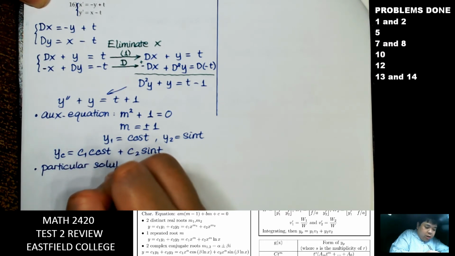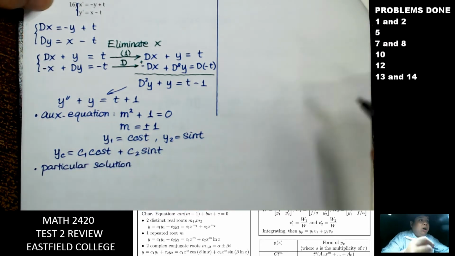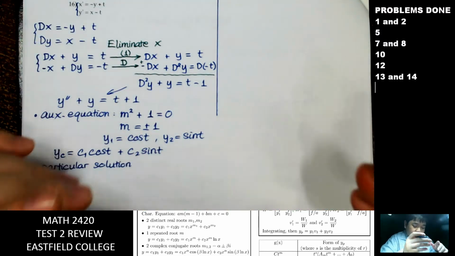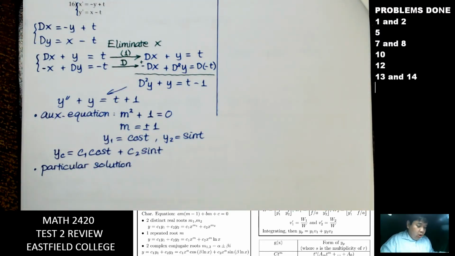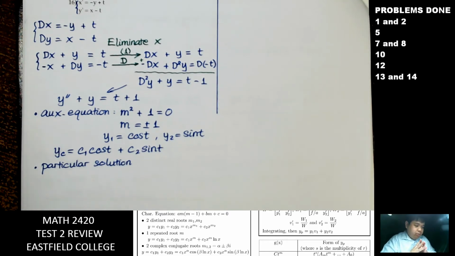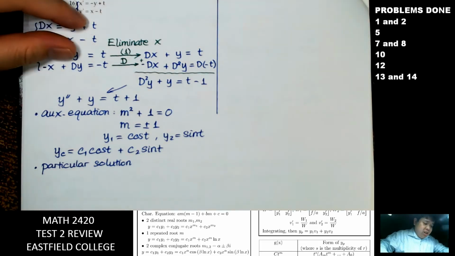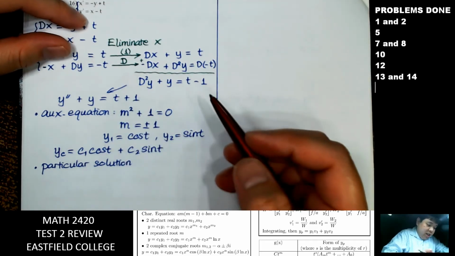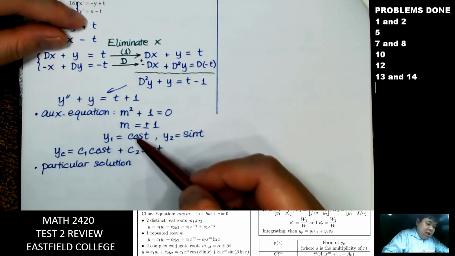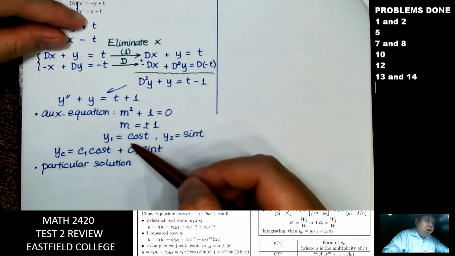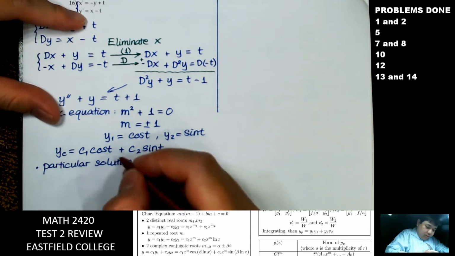We can use undetermined coefficients, meaning we guess, or variation of parameters, or in the next problem we use the annihilator method. Now we're just guessing because that is simple enough a guess. Plus it is not redundant with the solution here.